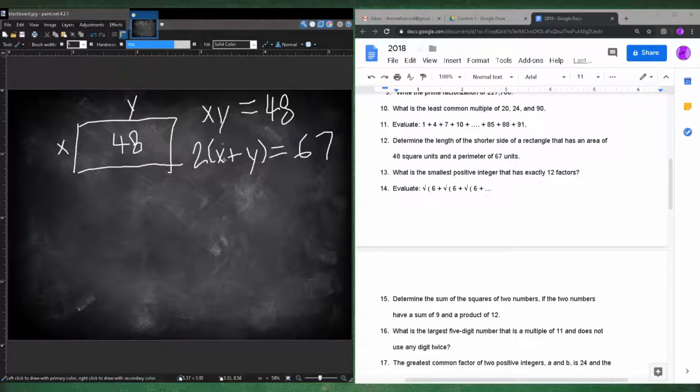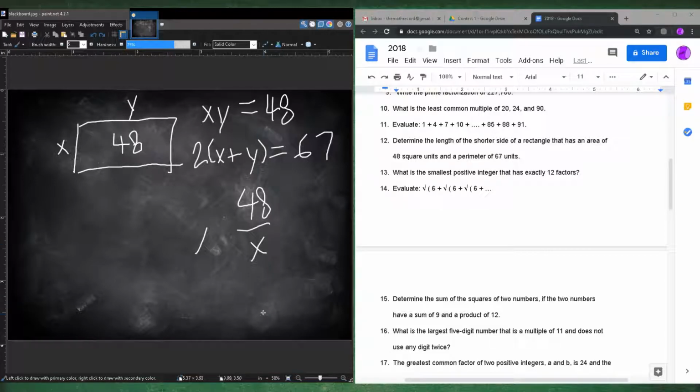I know it seems simple to say y is equal to 48 over x, or x is equal to 48 over y, and then plug into here. Usually I don't like to do that. It's just not convenient, because then you could have 48 over x plus this, and you get x squared plus 48 over x, and it gets a little bit messy.